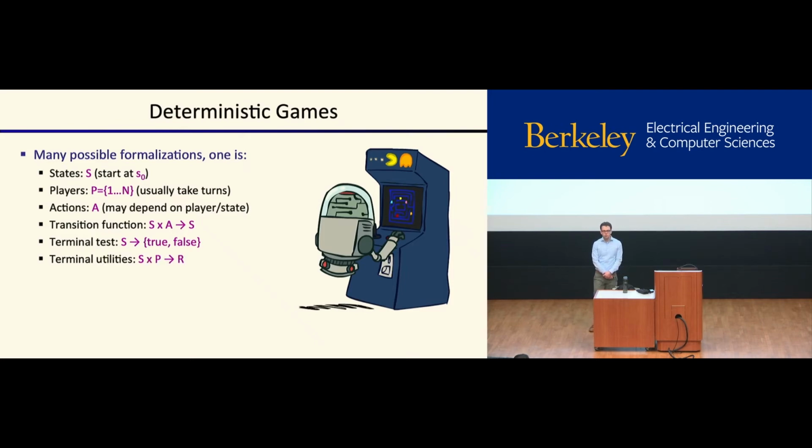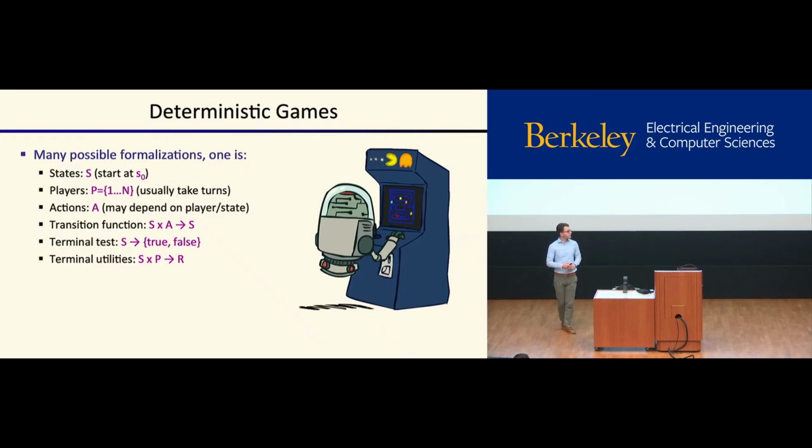And then we have terminal utilities. So before we had costs, remember the costs from the search, they were associated with each action. Well, now we're going to say when the game's over, that's when we figure out how well we did. Okay? So at the end of the game, someone wins or someone loses, or someone wins really bad, or wins really well, or loses really bad, and there's some utility associated with the outcome of this game. And that utility could be different for each player.